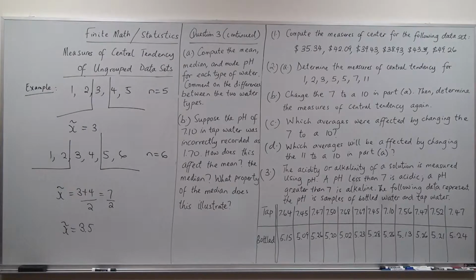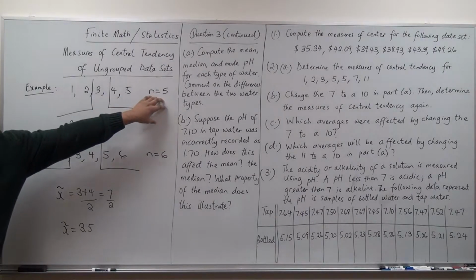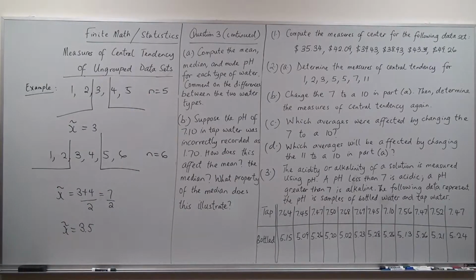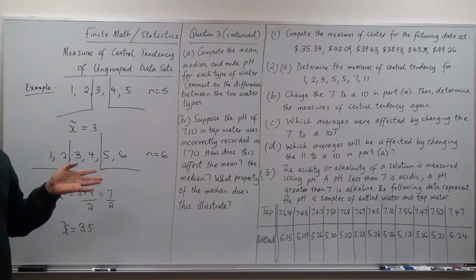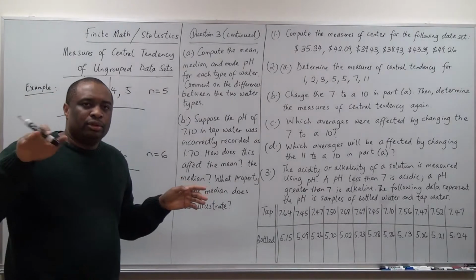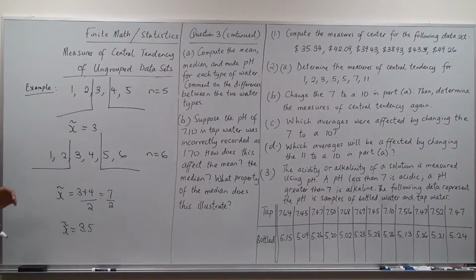What we want to derive now is, if you have an odd number of data set values, then it becomes the n plus 1 over 2 position. That becomes the median.